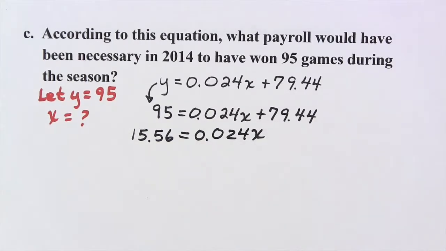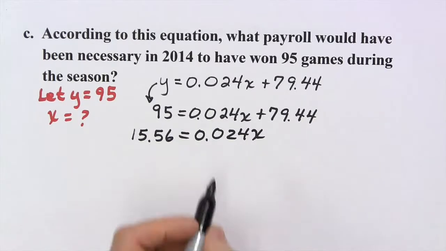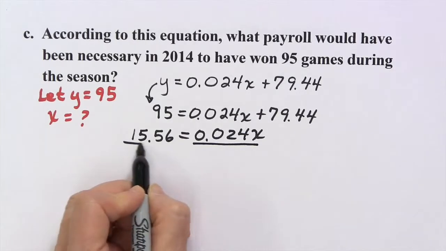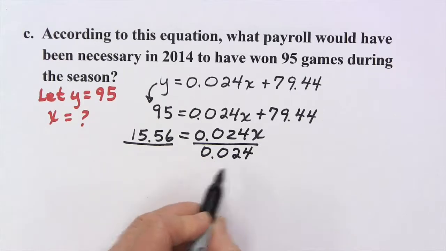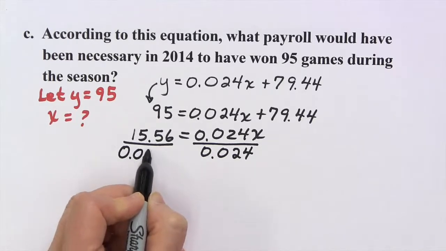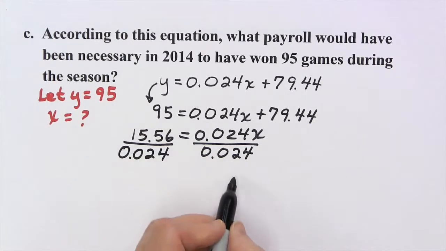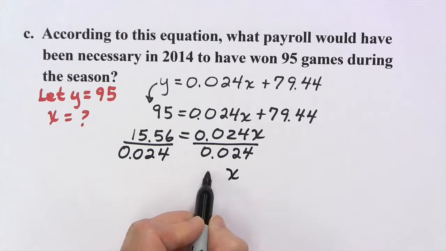How do you solve this equation for x? You just divide both sides by the coefficient of x, 0.024. I did that to both sides, so the right side is x.